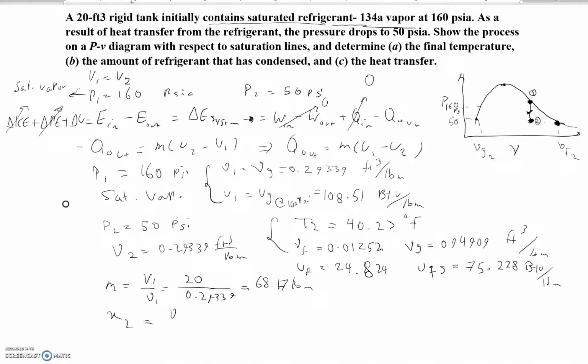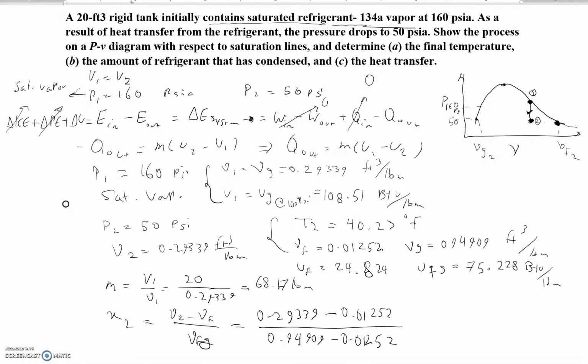This is nu 2 minus nu f divided by nu fg, right? And that is 0.29339 minus 0.01252 divided by nu fg, which is the difference between the specific volumes of vapor and liquid, minus 0.01252. That is almost 0.3, right?